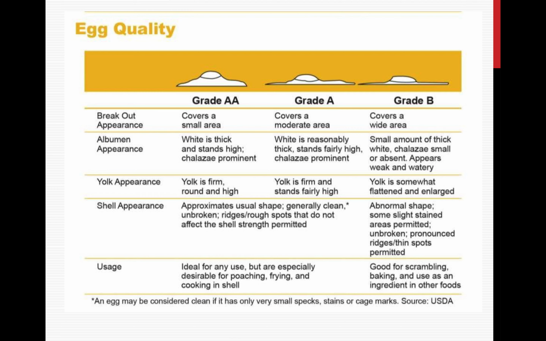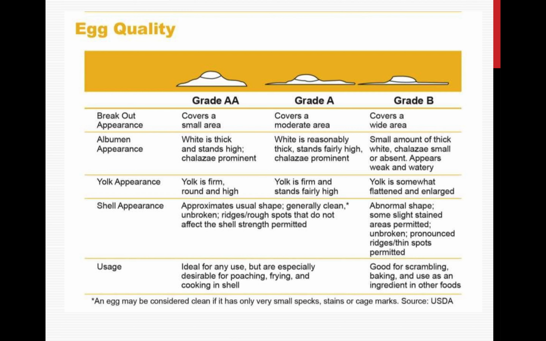In case of B grade egg, when it is broken, it covers a wide area, with a small amount of thick albumin, or thick albumin in some cases entirely absent, and appears weak and watery.